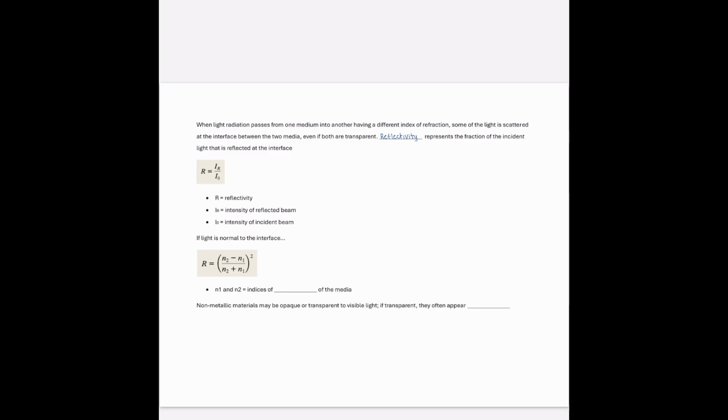Now, we got a special case here where if light is normal or perpendicular to the interface, then we see this formula here, where the reflectivity is equal to N2 minus N1 over N2 plus N1, all squared. And N1 and N2 are the indices of refraction of the media.